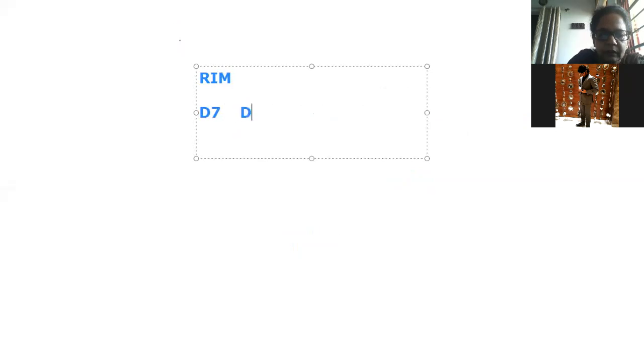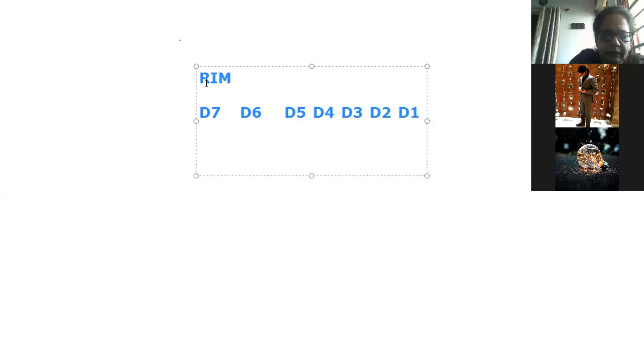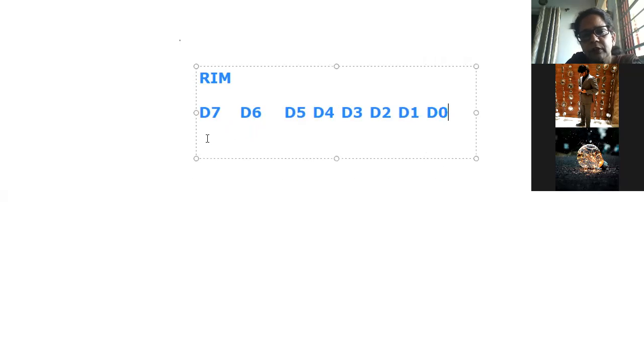So D7, D6, D5, D4, D3, D2, D1 and D0 are the 8 bits of the accumulator, the A register. Now when I execute the RIM instruction, this particular bit represents what is there on the SID pin, that is, the serial input data will be read by this particular bit.